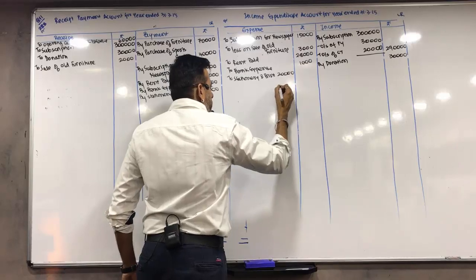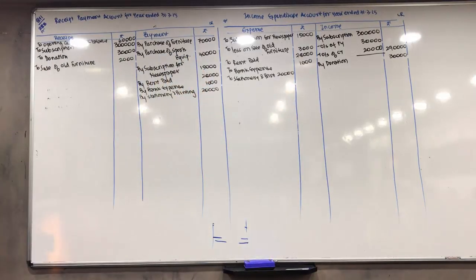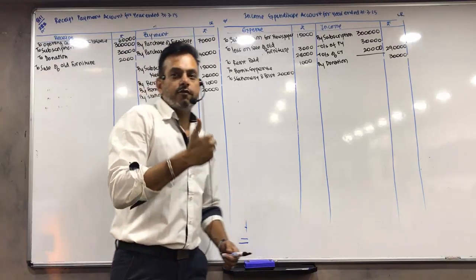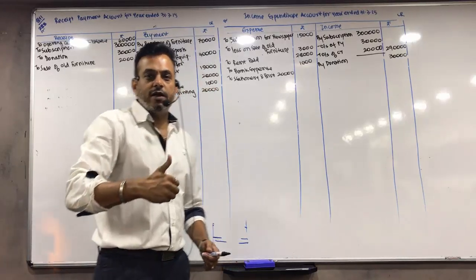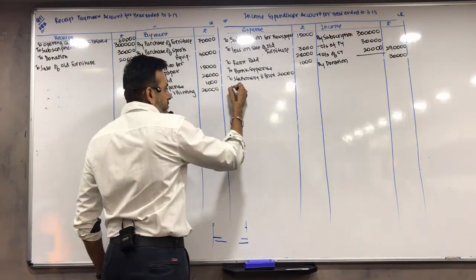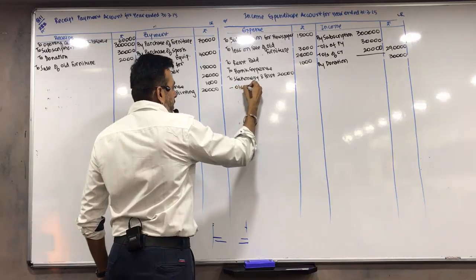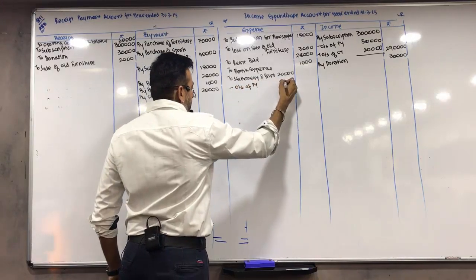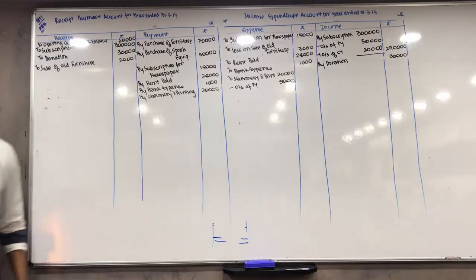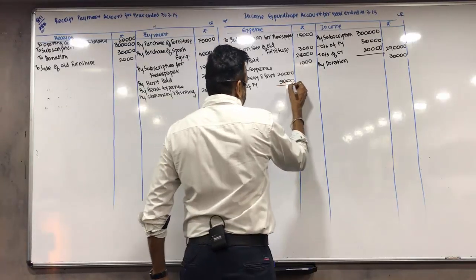Now we have some adjustment for that. हमने जो पे किया वो लास्ट ईयर का कितना पे किया 5,000, so it is not expense of the current year, it is expense of the previous year, so minus outstanding of previous year 5,000. Close it, 15,000.